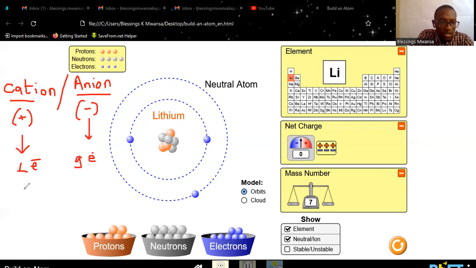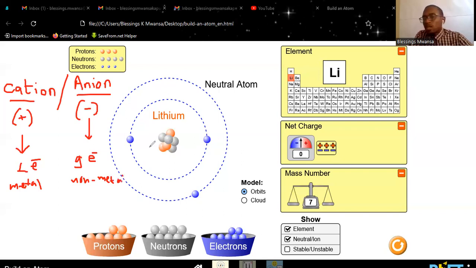So losing is from the metals, and gaining is from the non-metals. For example, we want to look at lithium ion.